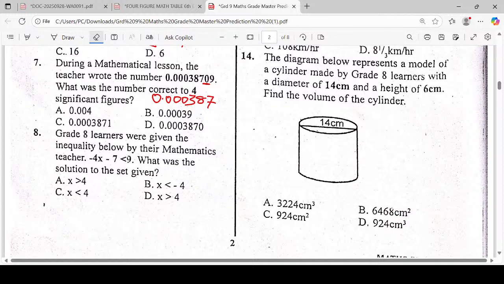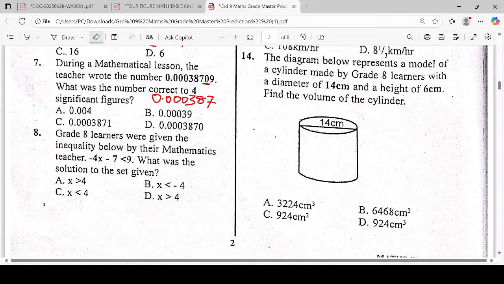A very, very good question. I'm waiting for you people to drop your arguments in the chat section because I like involving my learners in such discussions.